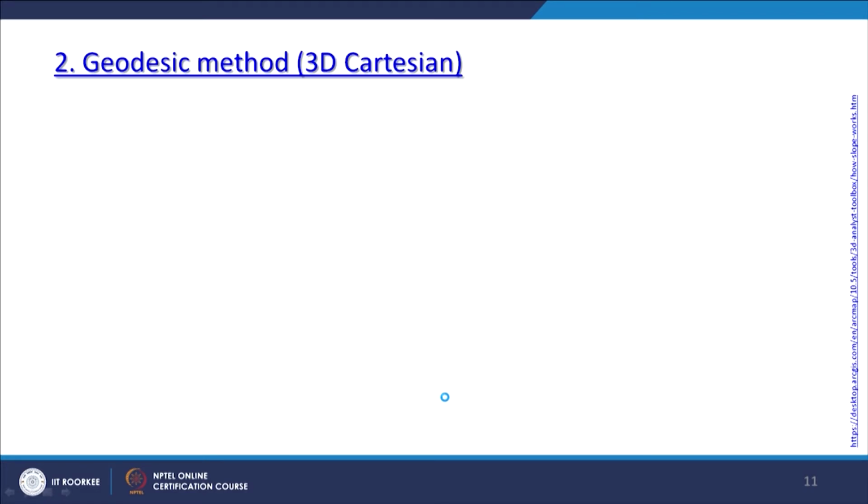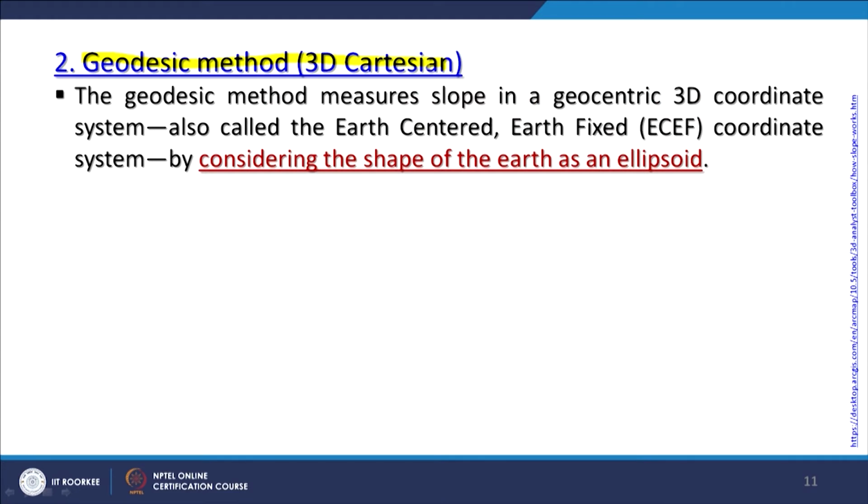Now, when we go for the second option, that is the geodesic method, instead of a 2D Cartesian, a 3D Cartesian system, this geodetic method, as you know, measures the slope in a geocentric 3D coordinate system. Things may become a little complicated in that sense, because now we are bringing in an ellipsoid, in the earth-centered, earth-fixed ECEF coordinate system.